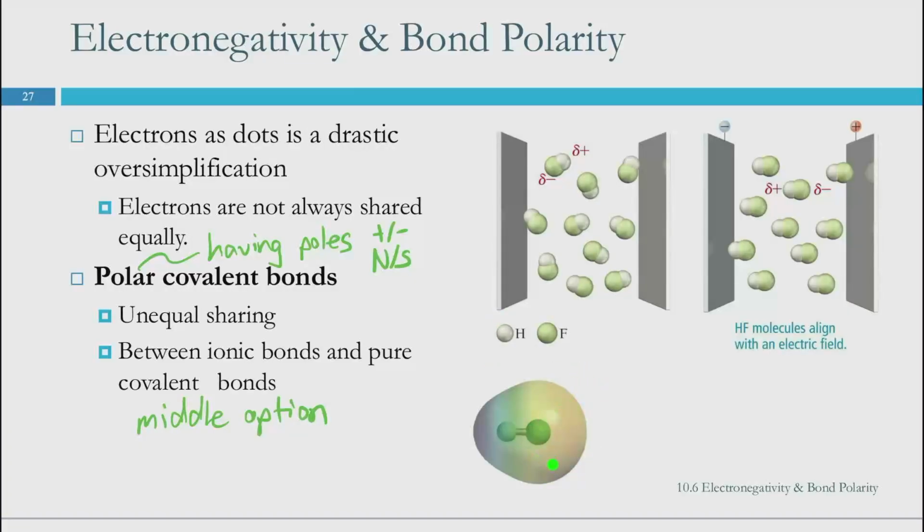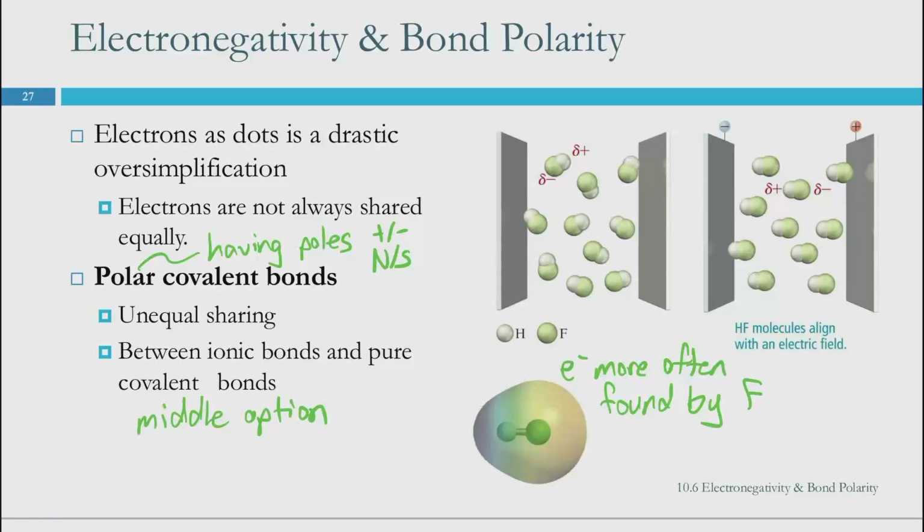fluorine, really, really likes electrons. And so it's pulling the electrons towards itself. The electrons are more often found near fluorine. It's got a stronger electron pulling force, and so hydrogen is sort of getting robbed.